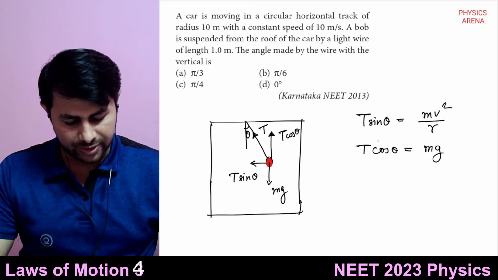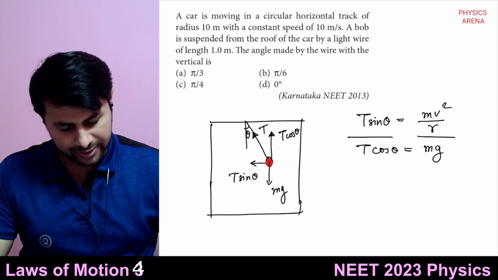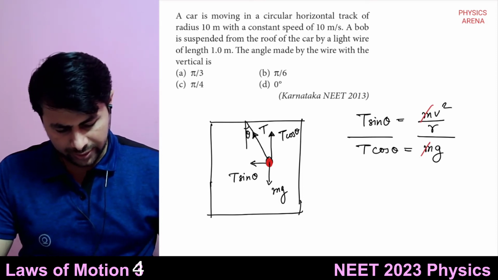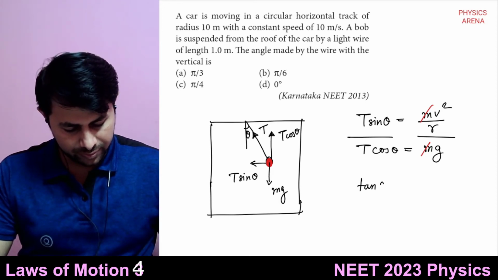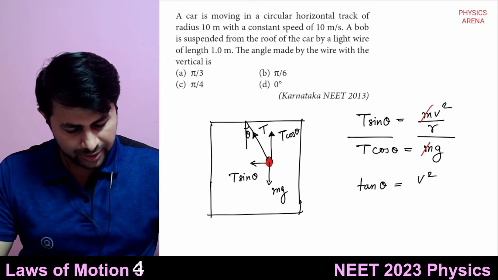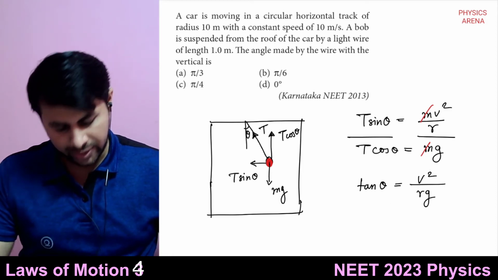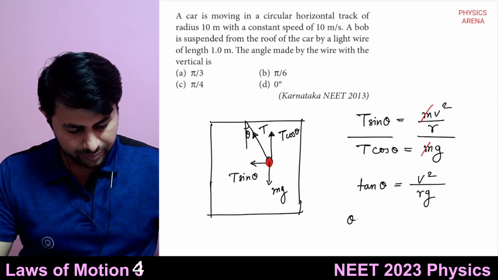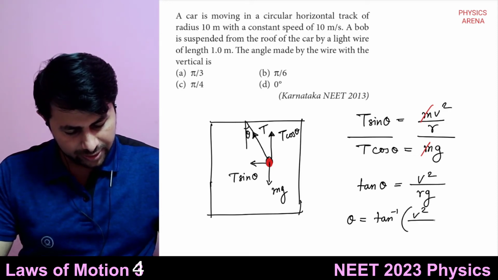If you divide these two equations, what happens? t gets cancelled. You get tan theta equals v square upon r g, so theta is tan inverse of v square upon r g.